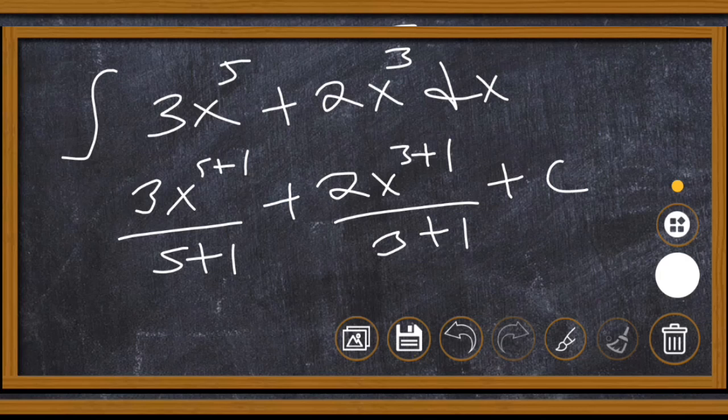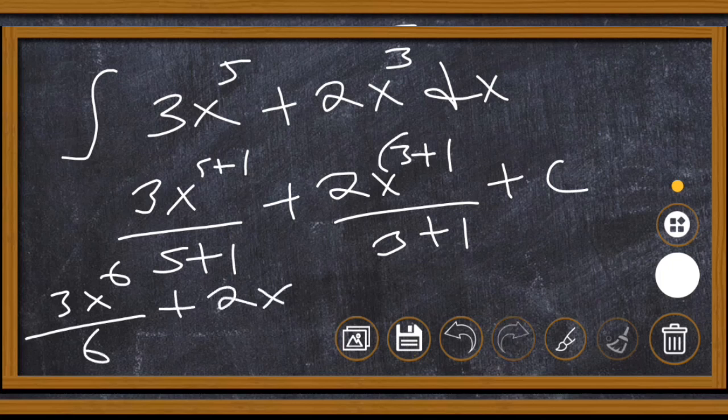Simplifying this further, we're going to have 3x, 5 added to 1, we're going to have 6. The same down here, as the denominator, we're going to have 5 plus 1, 6. Then plus 2x. Now, 3 added to 1, we're going to have 4, over 3 added to 1, we're going to have 4. Then plus constant value c.